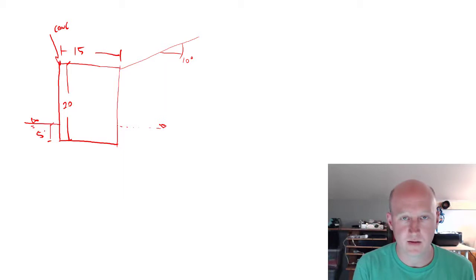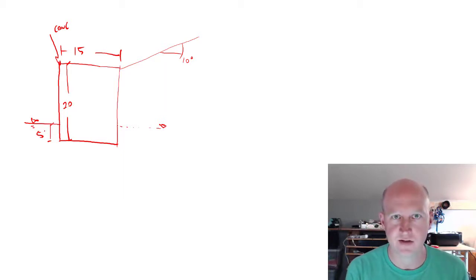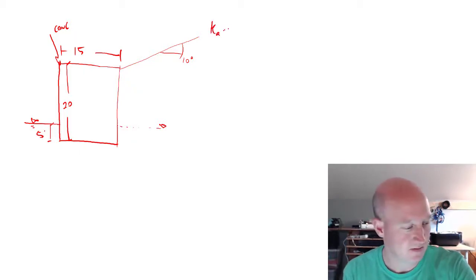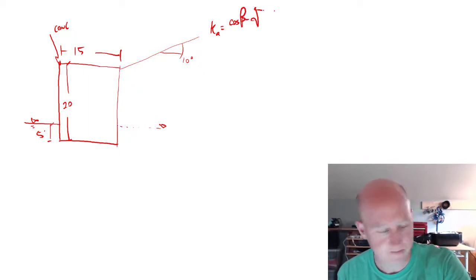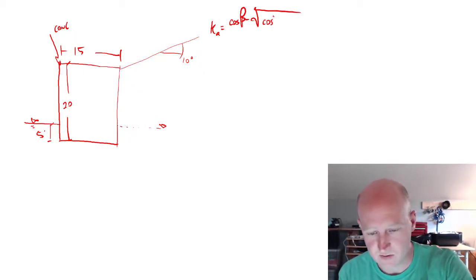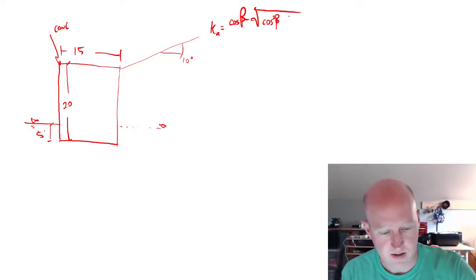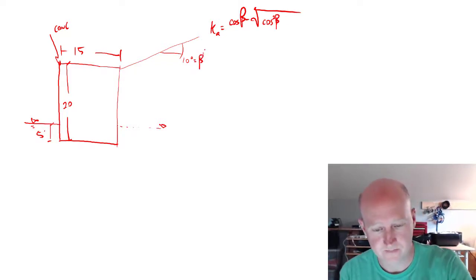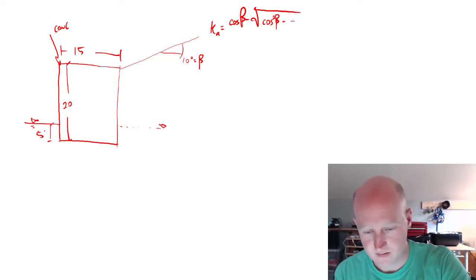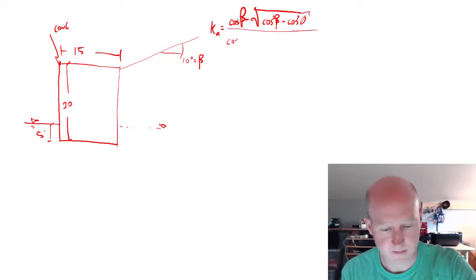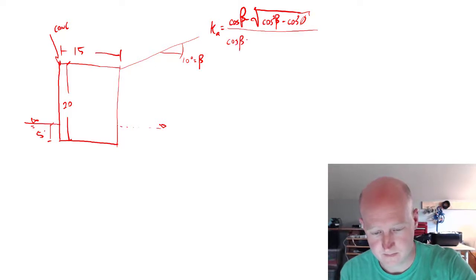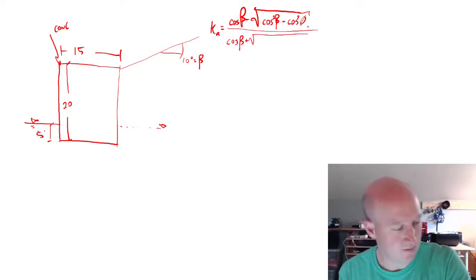And so to be able to do the calculations, the first thing we need to do is get the active pressure K. So K active is cosine of beta minus the square root of cosine squared beta, and this is beta. And we just change the sign for the denominator.